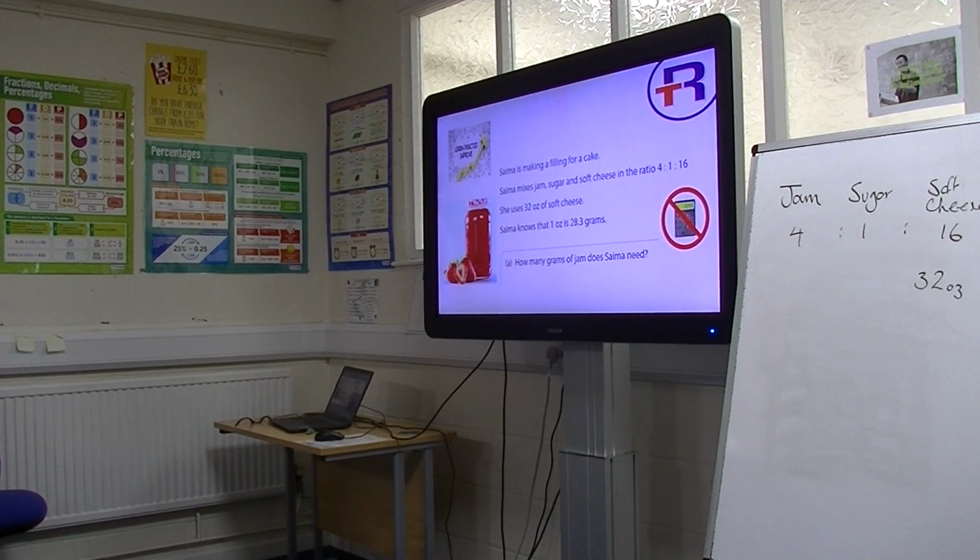How are we doing? Are we stuck at the conversion bit at the end? Yeah? Not yet. Makes it tricky because it's a non-calculator question.